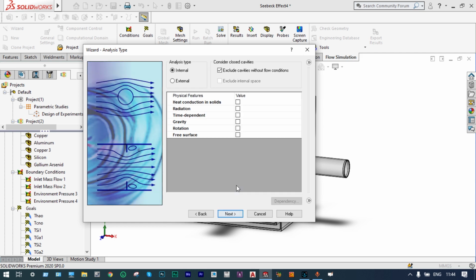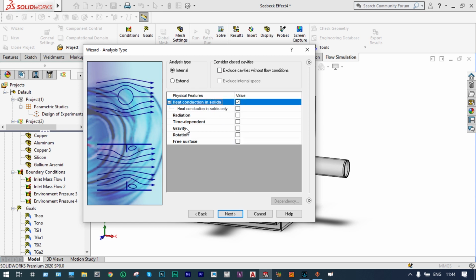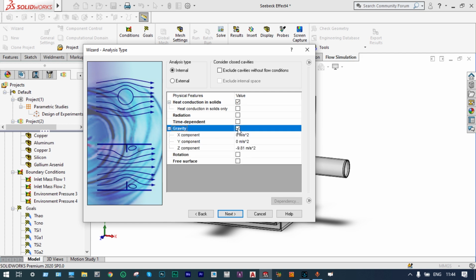Next to that, it will be an internal analysis, and definitely heat conduction in solids will be taken care of, and gravity will be also involved because hot flue gas has a tendency to go up, and the direction of gravity will be y, that is indicated from this one. So along y direction it will be -9.81 meter per second square, and along z direction it will be 0.